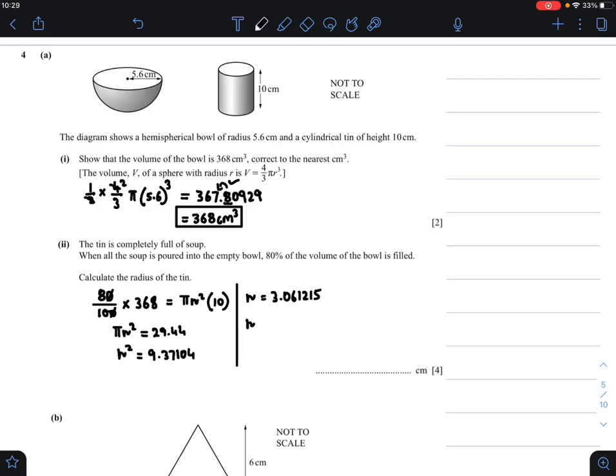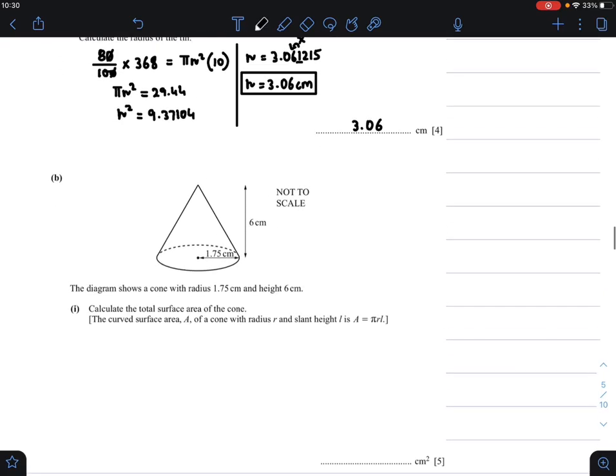Therefore the radius will be equal to 3.06 centimeters, because you have to give your answer in 3 significant figures. So the fourth significant figure in this case, which is 1, is lesser than 5. So it won't round off the third significant figure to the next number. Therefore 3.06 centimeters will be our final answer for part A2 of this question.